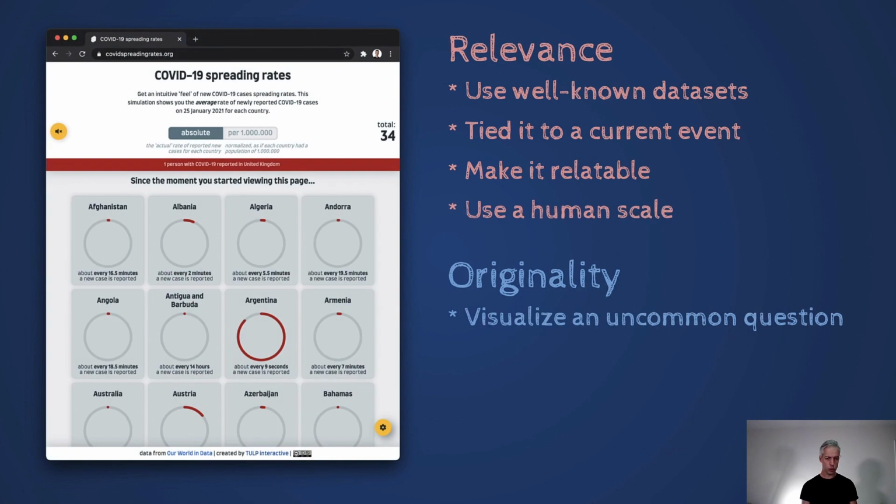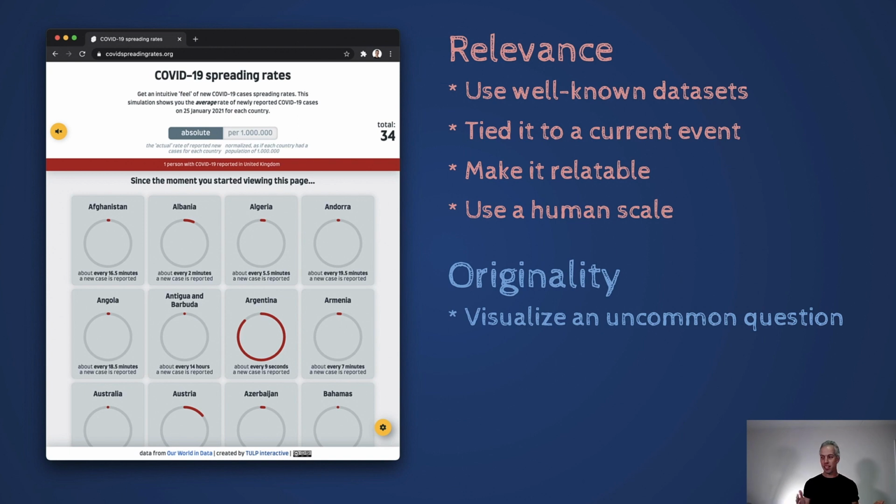Here's another one, a more recent one I did, COVID spreading rates, which shows you how fast new cases are reported in every country. And yeah, this was also quite successful because a lot of people are interested in this, of course. I think the entire world is now dealing with the corona crisis, so this could be relevant for everyone.